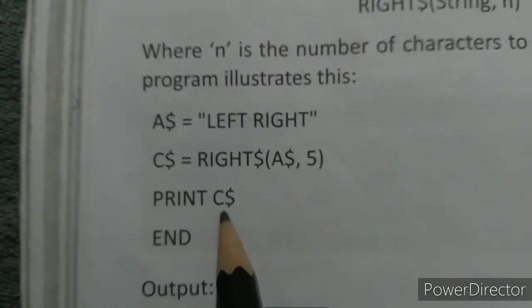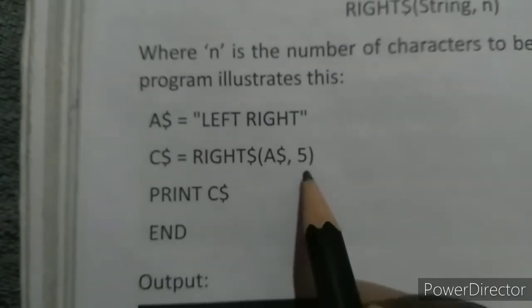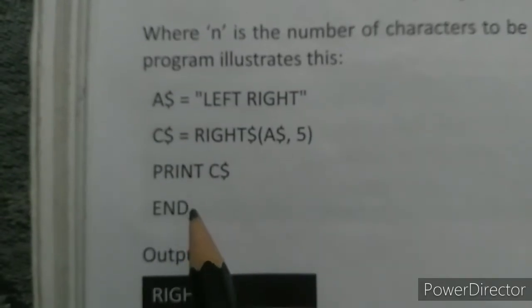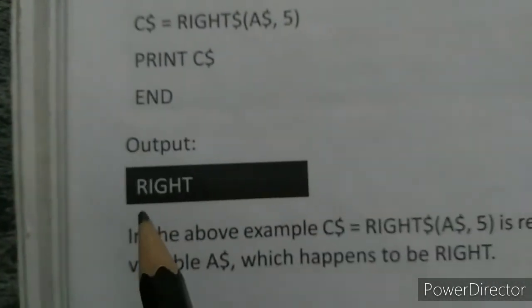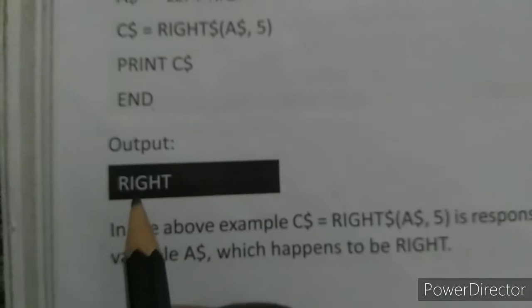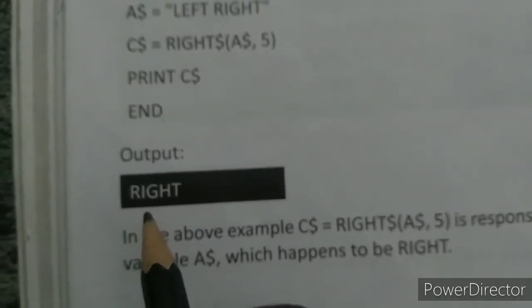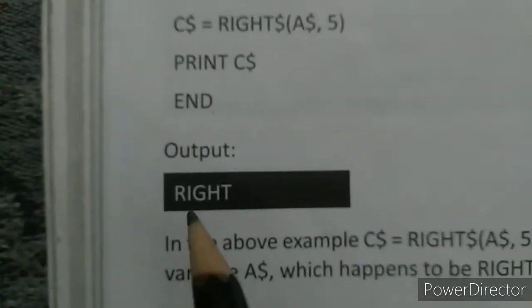Now we print $C, which has 5 characters from the right of the string. Now the program ends, and your output will be right.